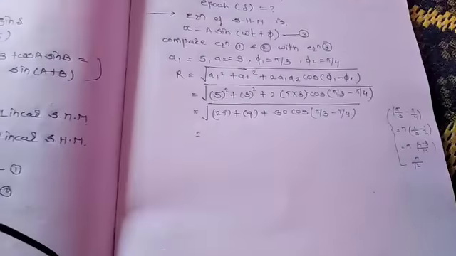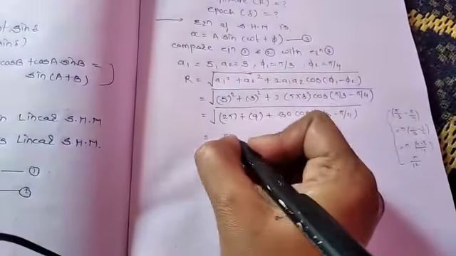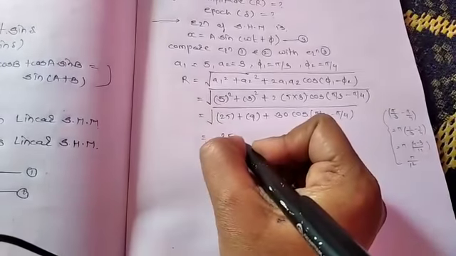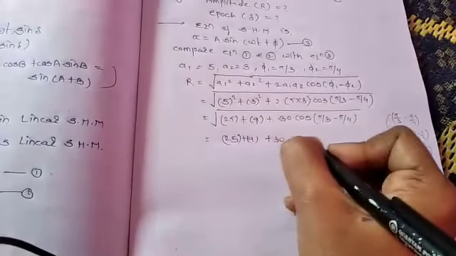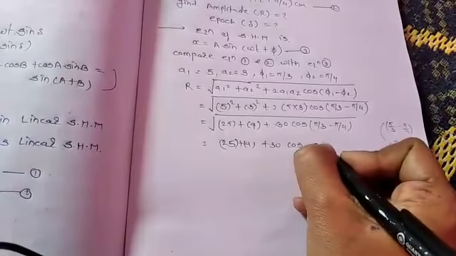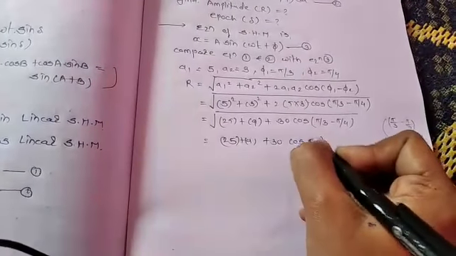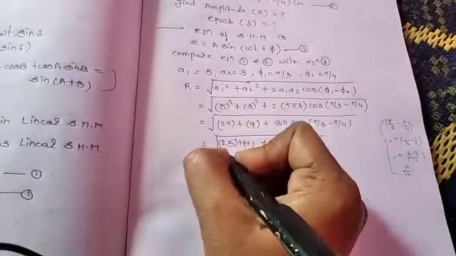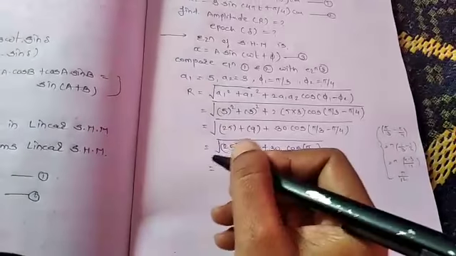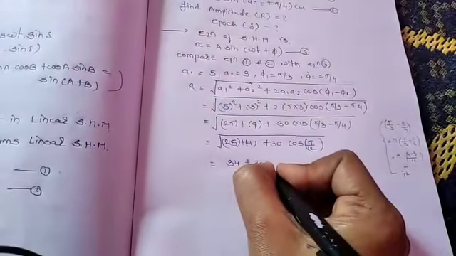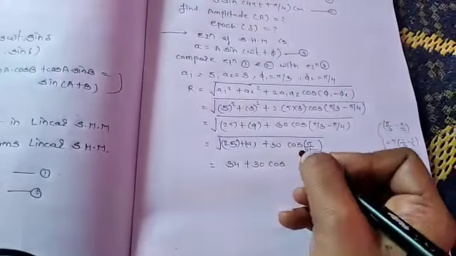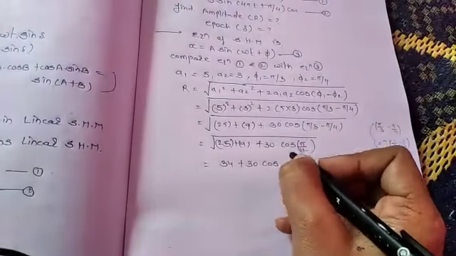So we can write cos of pi by 12 instead. It is 25 plus 9, that is 34, plus 30 cos of pi by 12.